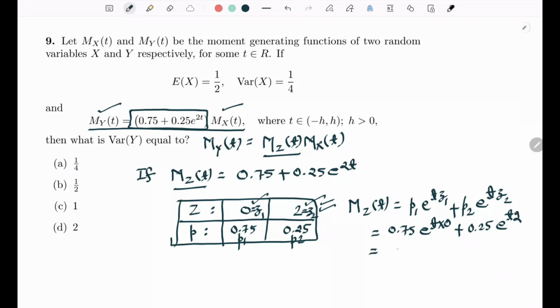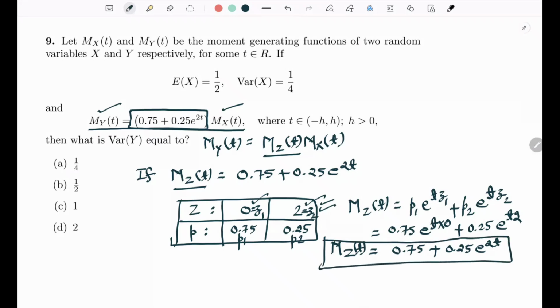So this will be equal to 0.75 plus 0.25 e^(2t), right? So this is the MGF of Z.